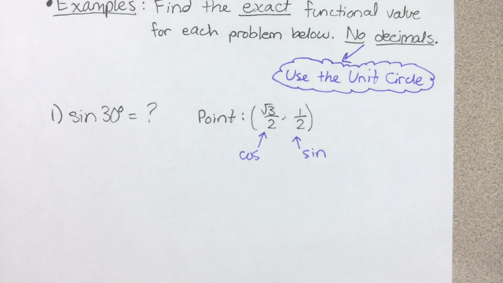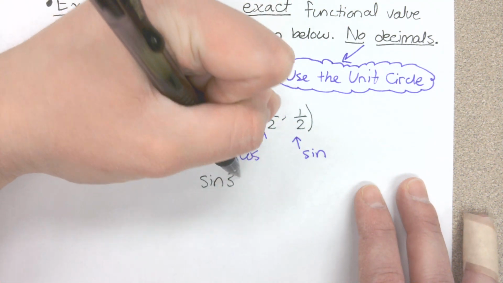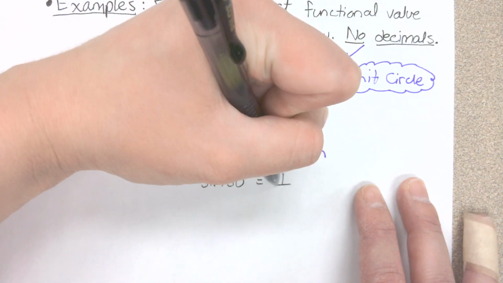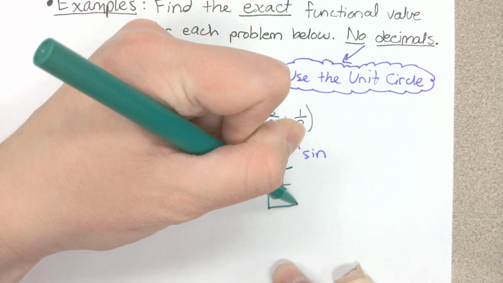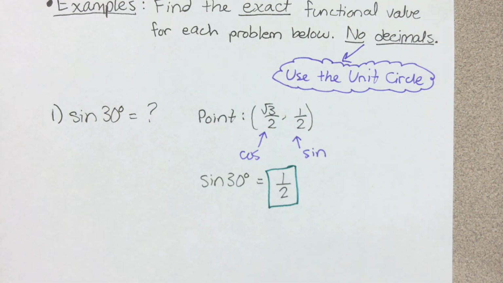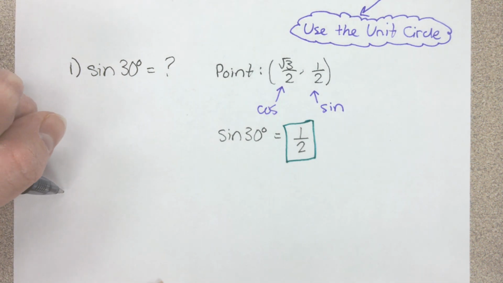That's what that means. Sine of 30 degrees is equal to 1/2. Look at the right point, identify the number, write it down. That's all you have to do. Let's do another.